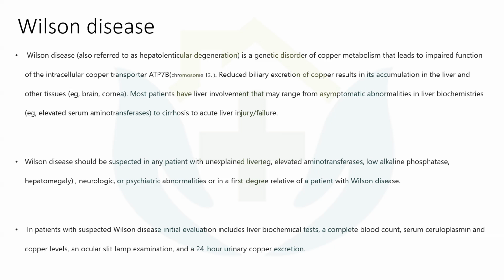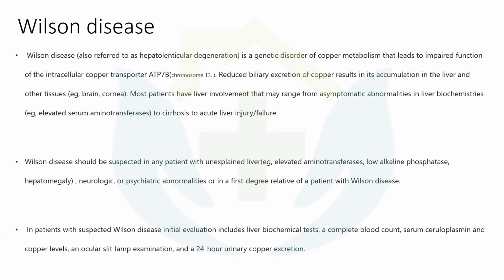The major abnormality happens in the liver, from an asymptomatic patient with some changes in liver biochemistry or elevated enzymes, to simple hepatitis, to the extent of cirrhosis and liver failure. So any spectrum of disease can happen, from just biochemical abnormality to liver failure.